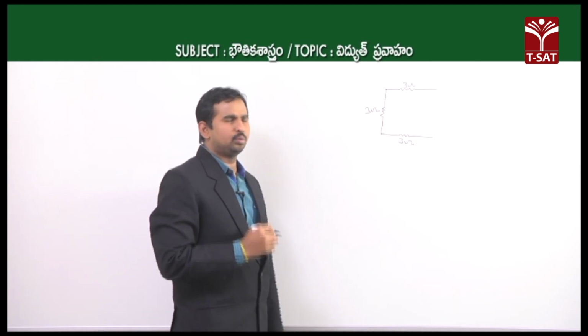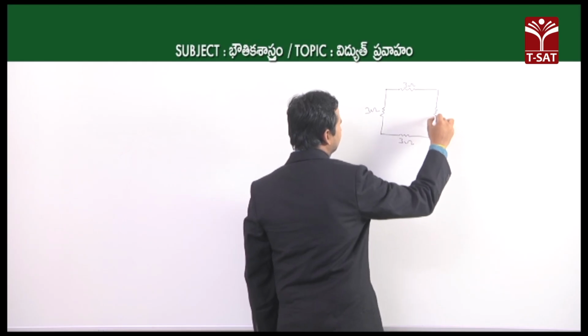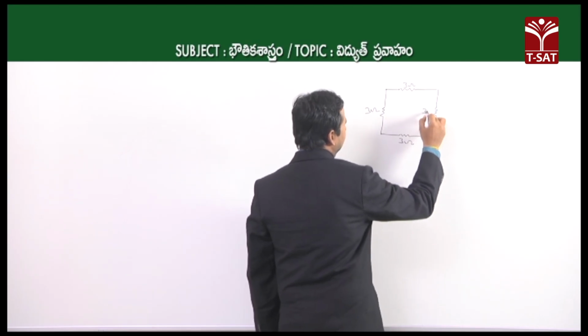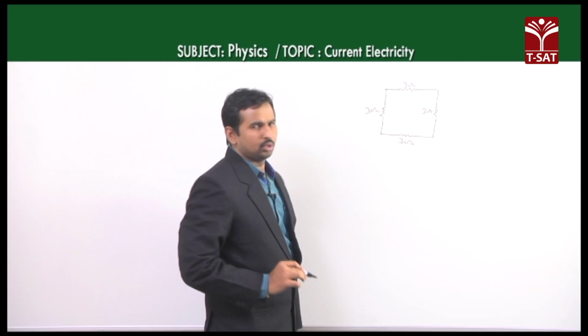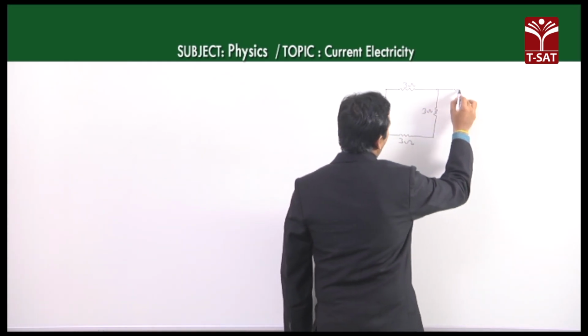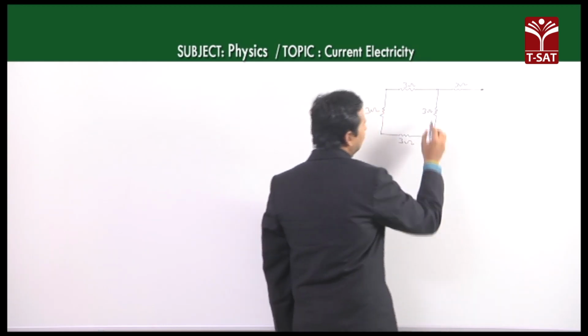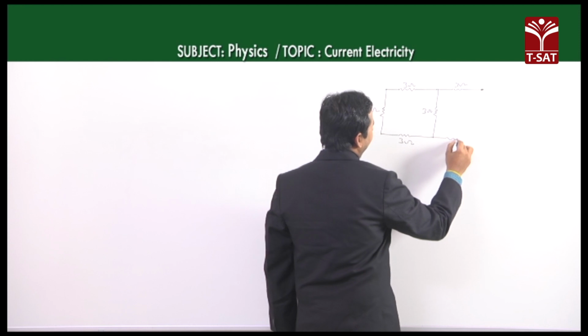This is a 3 ohm resistance, and again it is connected to one more 3 ohm resistance like this. Okay, total 4, and again here we are taking one more 3 ohm resistance at this point. Okay, and another 3 ohms here.